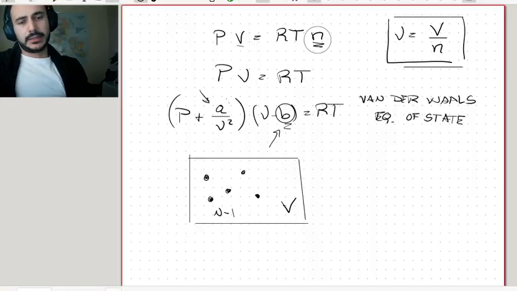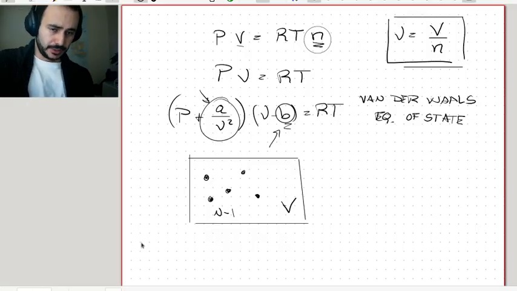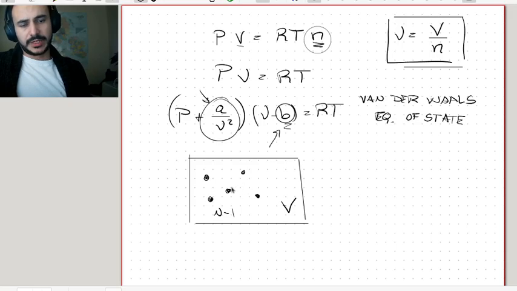And then the other term is a correction on the pressure that comes from the interactions between the particles. When the gas is very rarefied, the particles very rarely meet or collide with each other because the density is very low, and these instances are relatively rare.